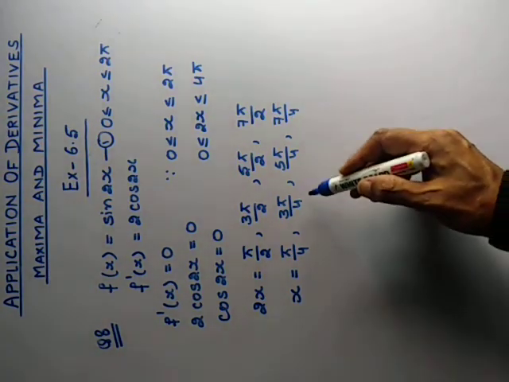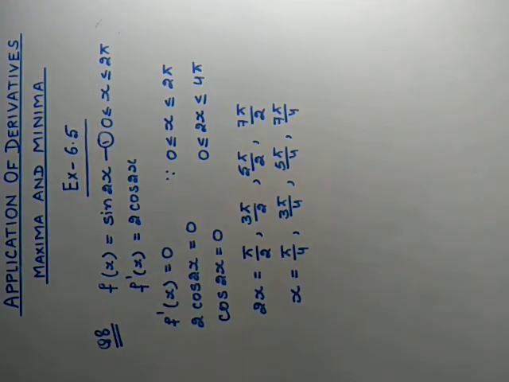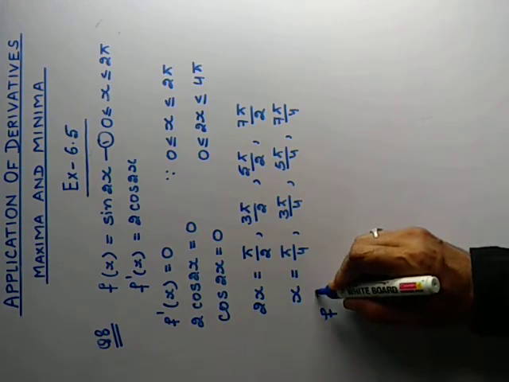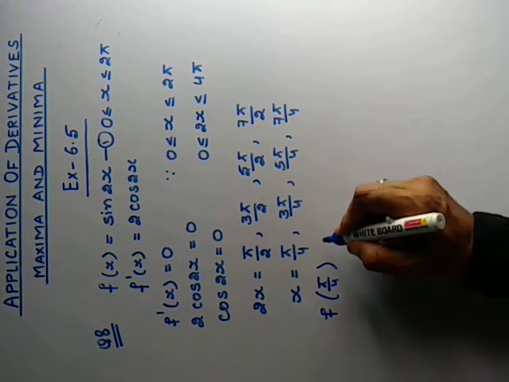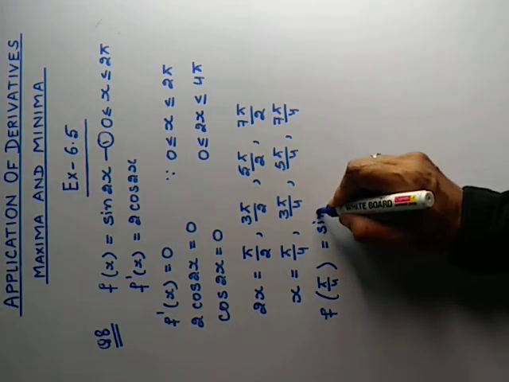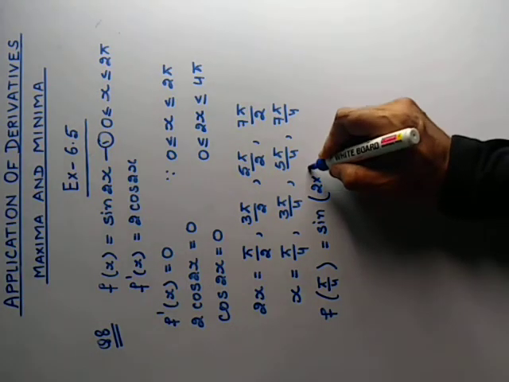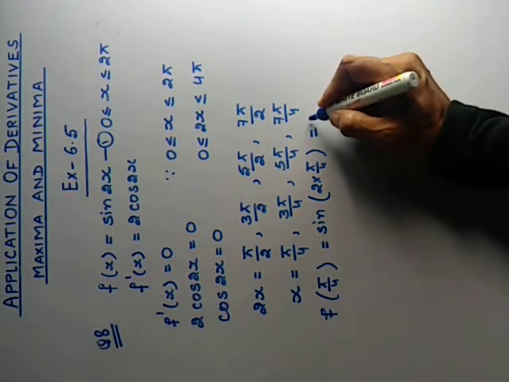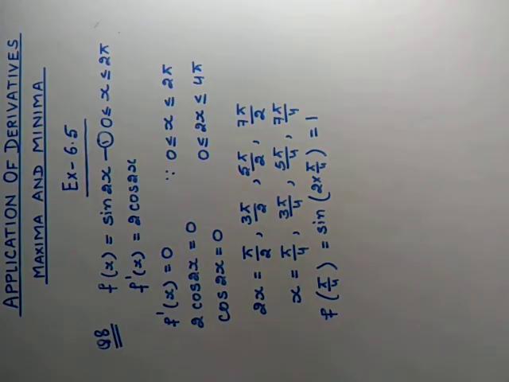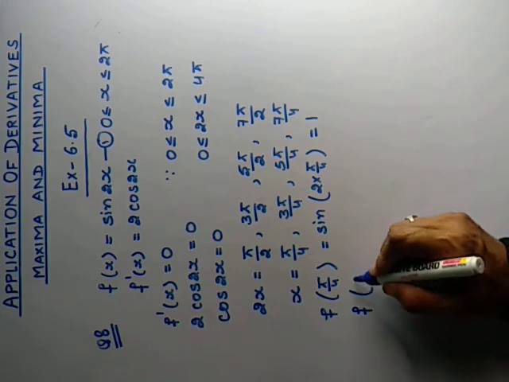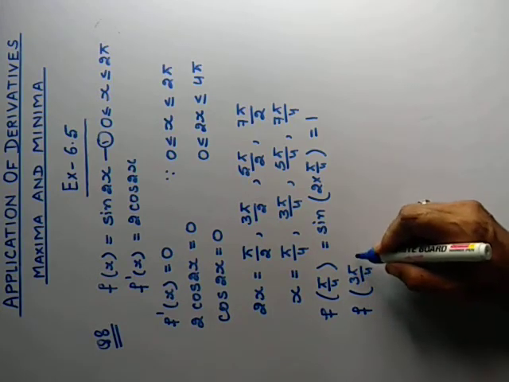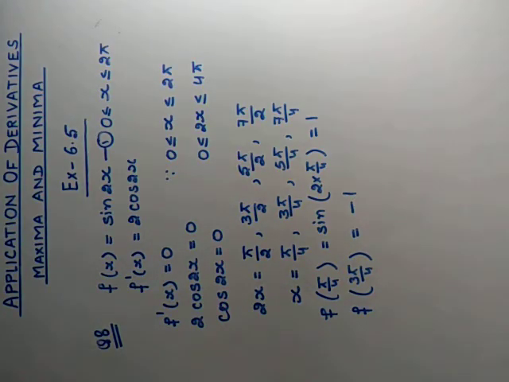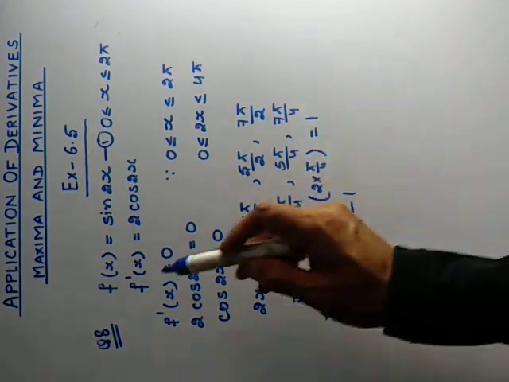Now putting these different values in the given function, that is equation number 1. f(pi by 4) equals sine 2x, so sine 2 into pi by 4, which is sine pi by 2, and sine pi by 2 is 1. Similarly, f(3 pi by 4) is minus 1.